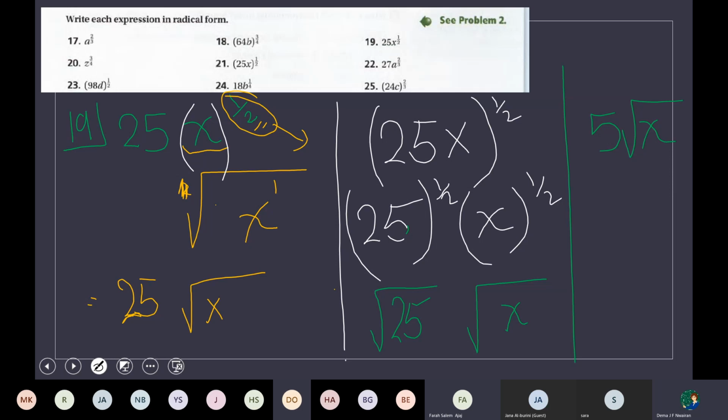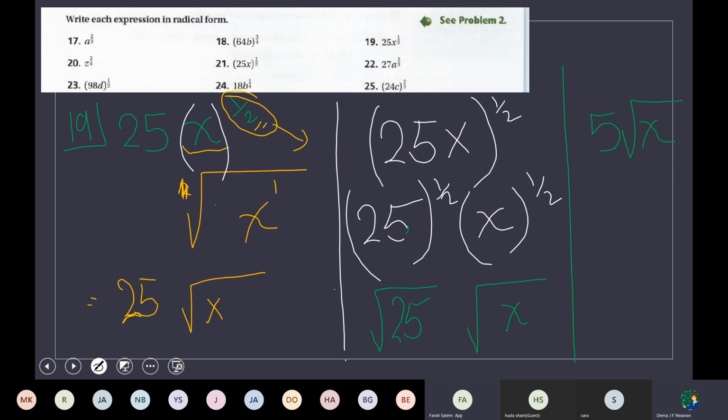Teacher, I want to write it. Wait, girls, please, one by one. Okay, I'm waiting. Teacher, in the original 19, why didn't I put a 2 here?